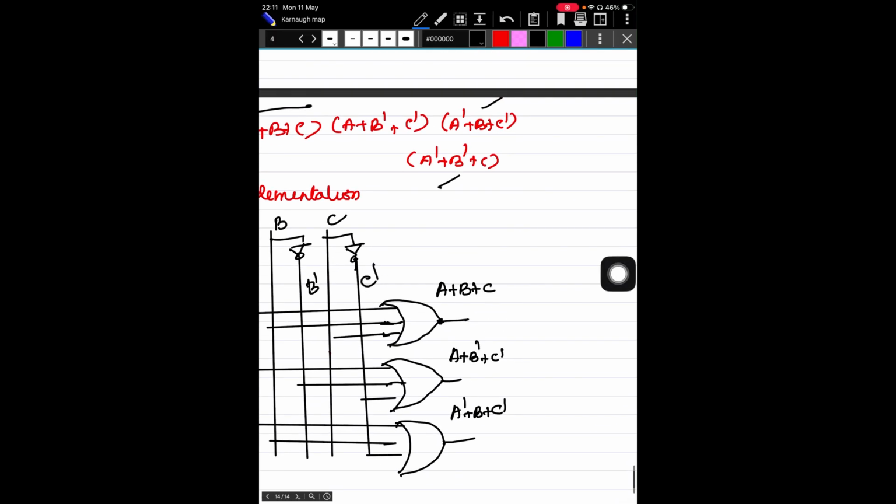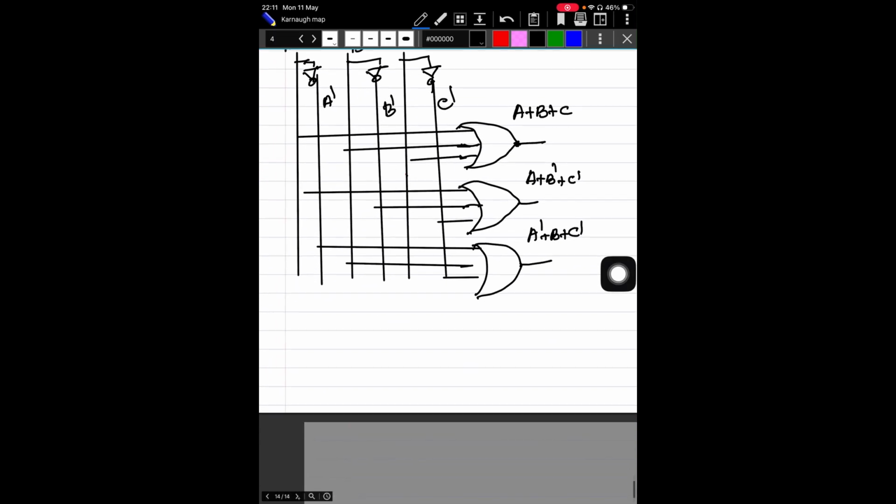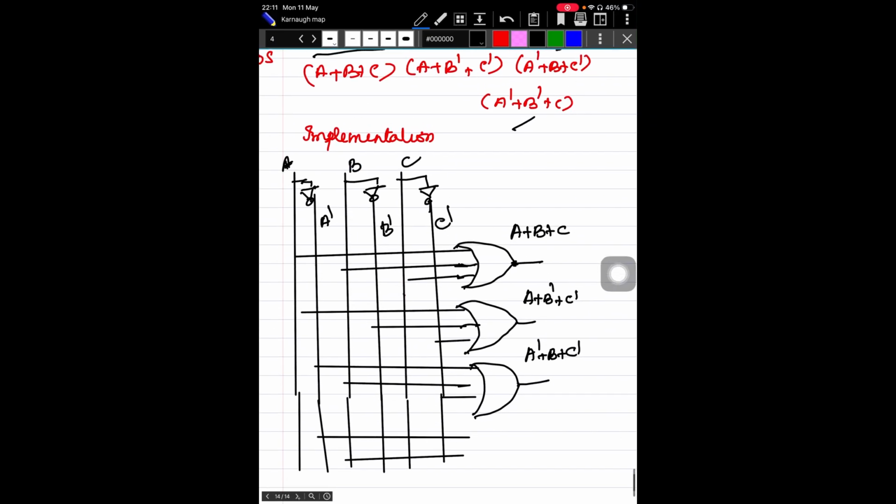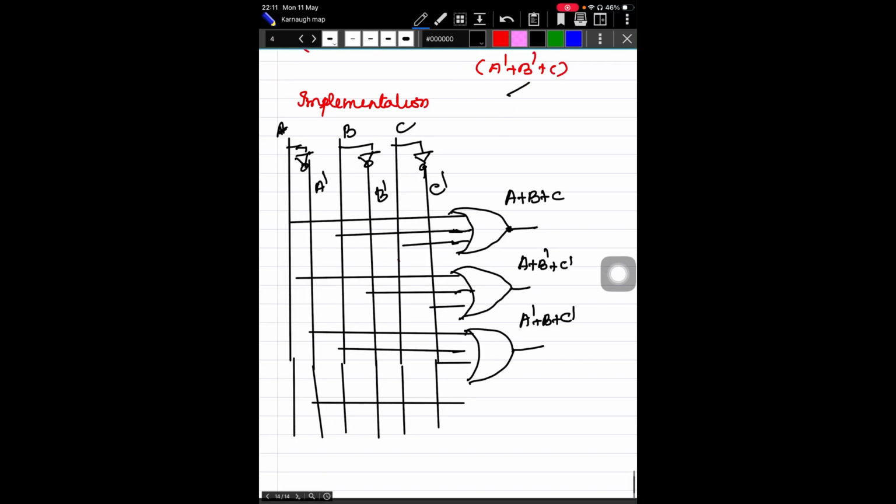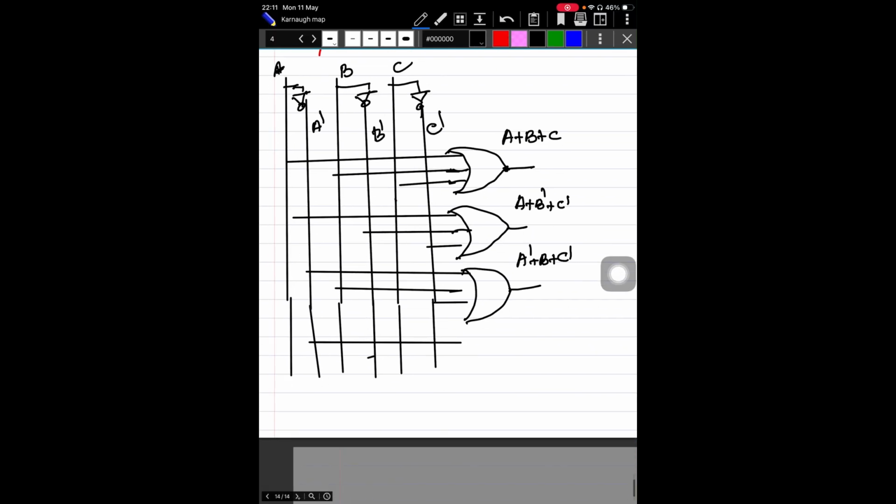What's the fourth one? A dash plus B dash plus C. I need to extend my lines further. A dash is here, B dash is here, C is here. Now I'll put an OR gate over here.